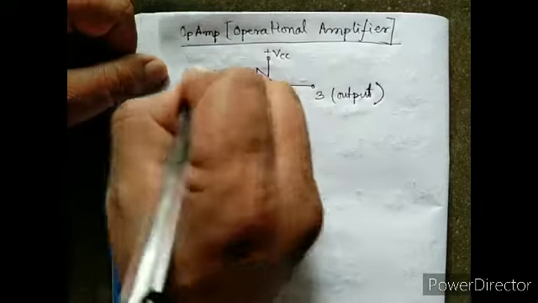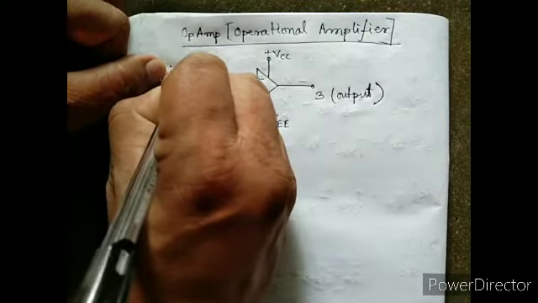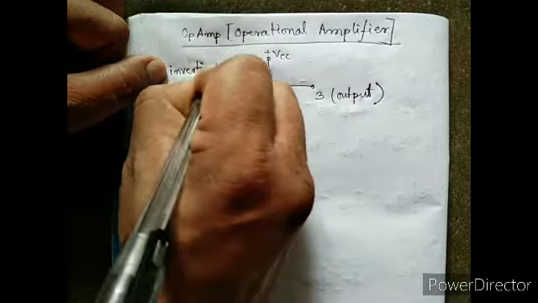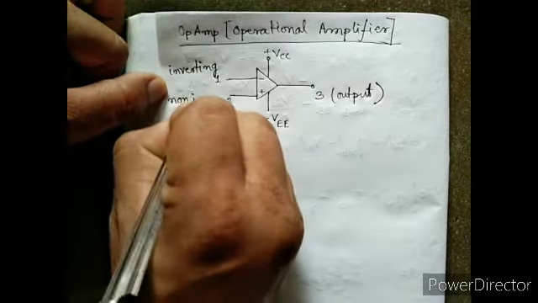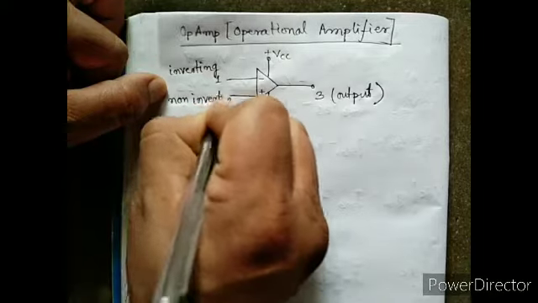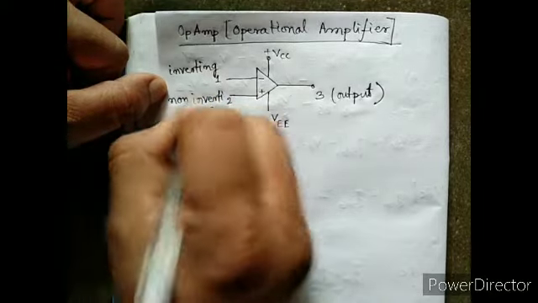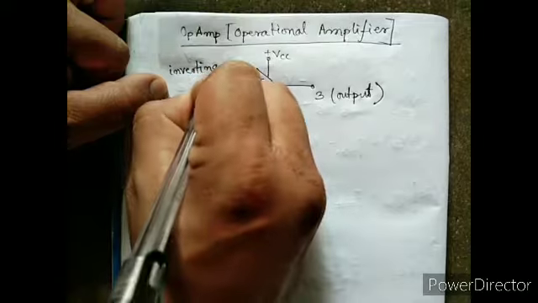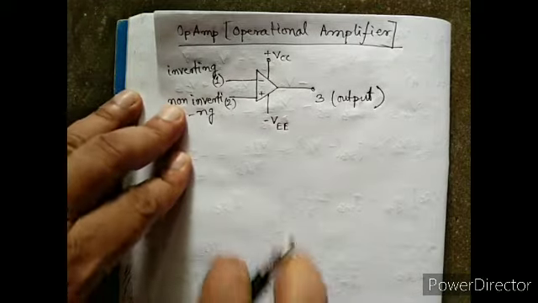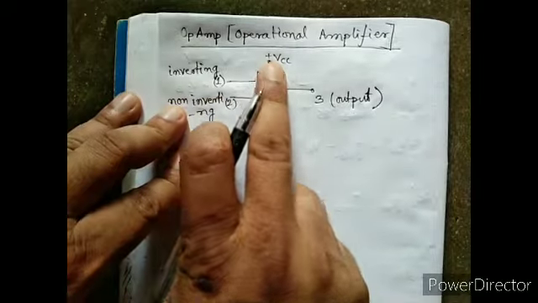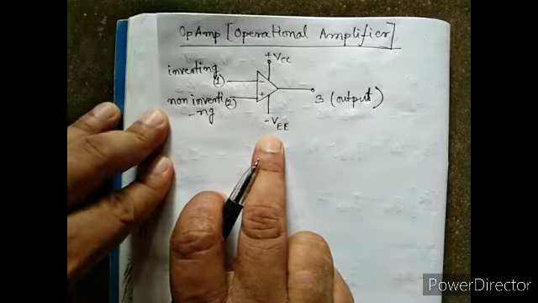This is inverting terminal 1, this is non-inverting terminal 2. Supply VCC plus, VCC minus.